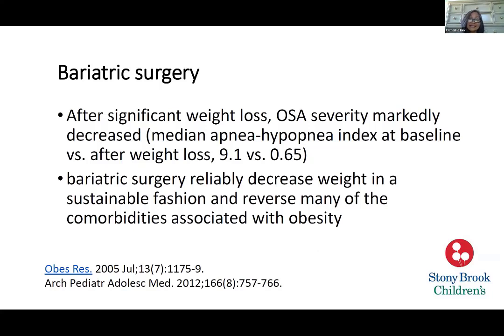Some of them might need CPAP before their bariatric surgery, but after significant weight loss, their OSA also markedly decreased, with their apnea-hypopnea index significantly decreasing in one study, from 9.1 to an AHI of less than 1.